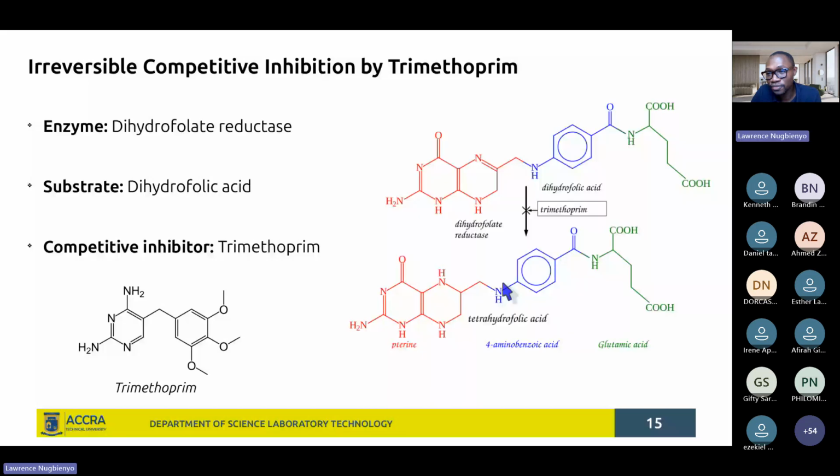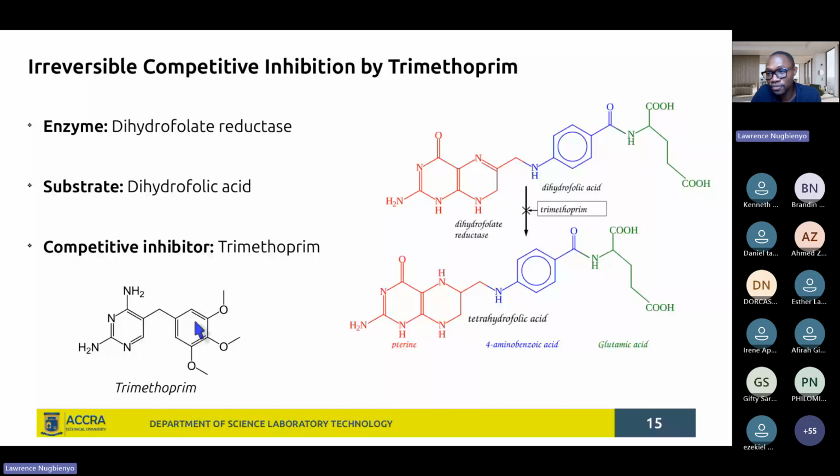So you see here too, the enzyme this time around is dihydrofolate reductase. The substrate to that enzyme is the dihydrofolic acid.